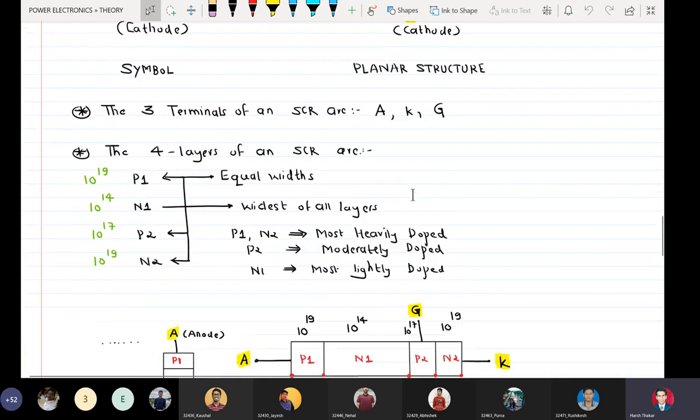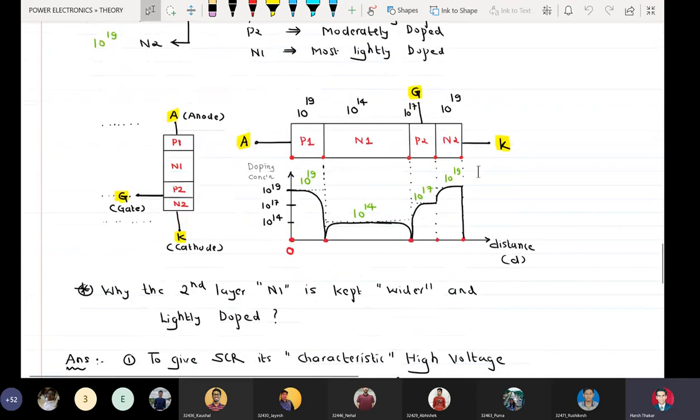As far as doping concentrations are concerned, the first and the fourth layer, that is P1 and N2, have equal doping, that is 10 raised to 19 atoms per cc, while the second layer, which is the widest, is the most lightly doped with 10 raised to 14 atoms per cc of doping concentration.